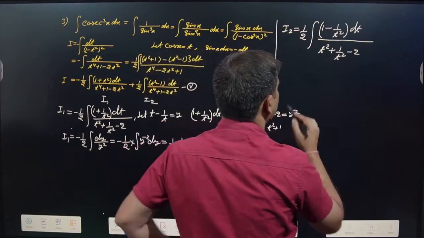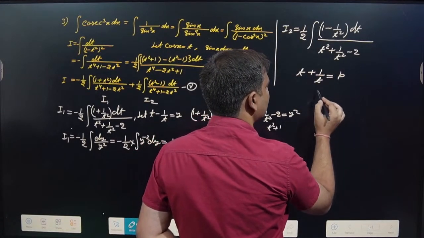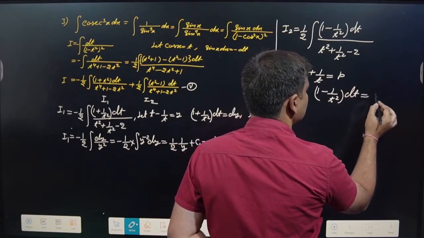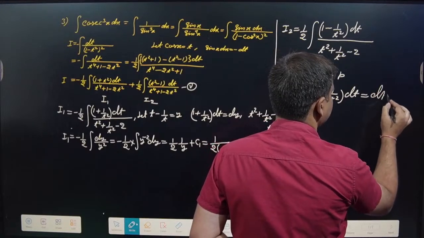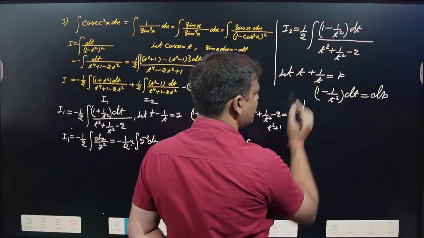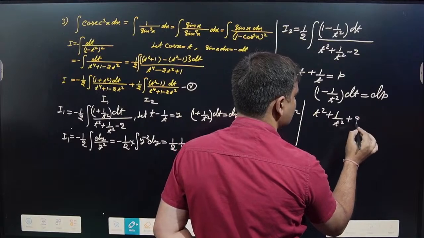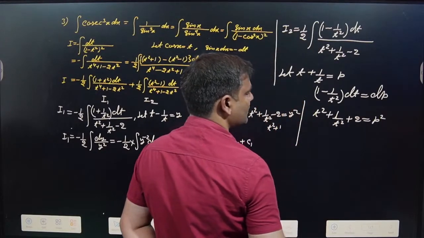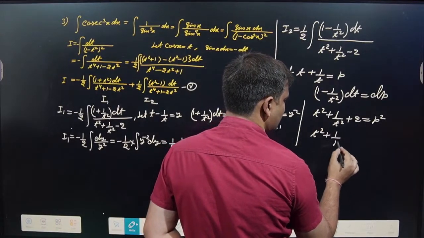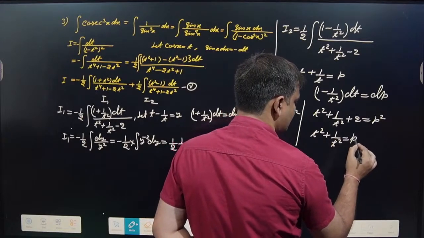Okay, now here t plus 1 by t is taken as p, so 1 minus 1 by t square dt is written as dp. Now look here, squaring both sides, then p is t square plus 1 by t square plus 2, this will equal p square. So you can say that t square plus 1 by t square will be equal to p square minus 2.